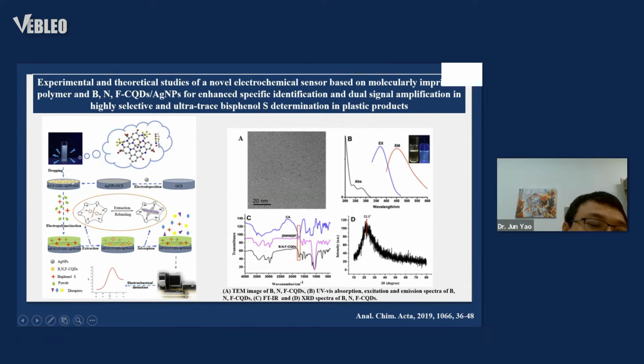We drop the BNF CQDs on the surface of the modified GCE, and then put the co-modified GCE into pyrrole and BPS to carry out the electropolymerization.